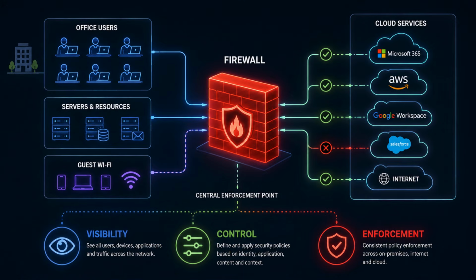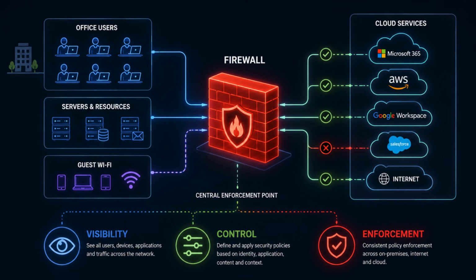At its core, a firewall is a security control that enforces rules for network traffic moving between different security zones. For example, traffic may move from an internal user network to the internet, from the internet to a public web server, or between separate internal network segments. The firewall provides three fundamental functions: visibility, control, and enforcement.